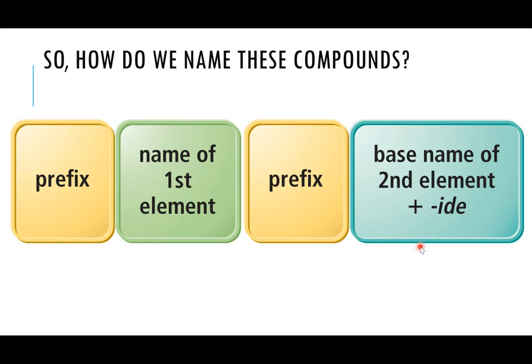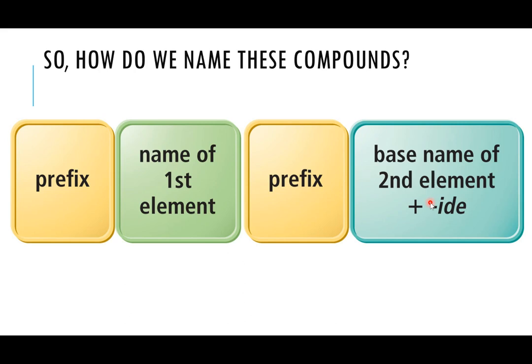And once you've identified it as covalent, we see that green box and that blue box again, and those should look very, very similar. So for these covalent compounds, we're going to keep the name of the first element. We're not going to do anything to that. And we keep the base name of the second element and add IDE.